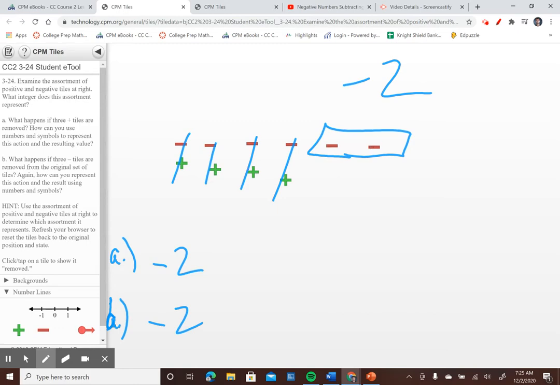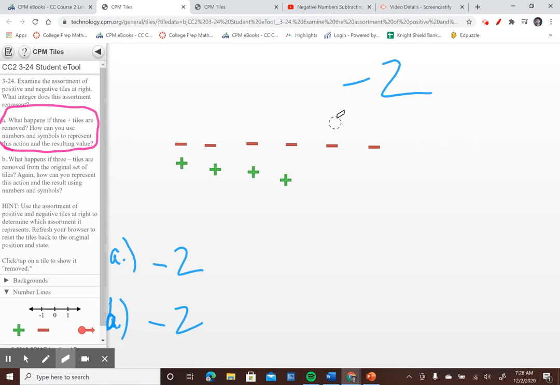And now part A, which I'm going to do in this pink color, it says, what happens if 3 positive tiles are removed? All right, so I'm going to get rid of my markings here, and I'm going to take away 3 positive tiles from this group. We're going to see what happens. Now, when we're taking away, what operation are we doing? We're doing subtraction, right?